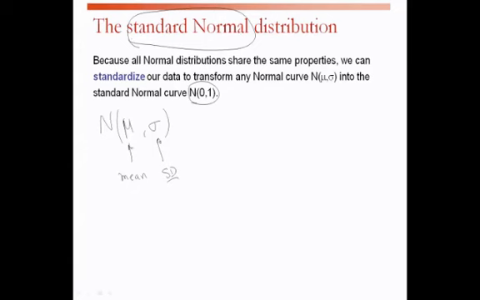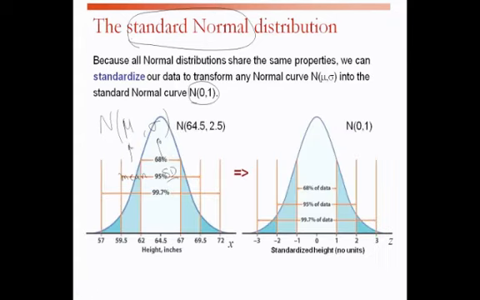So how do I convert any normal distribution to the standard normal? Very simple. Just let me wipe this thing out. Taking any normal distribution to the standard normal is very simple. So in this case, I know that the mean is 64.5 and the standard deviation is 2.5.